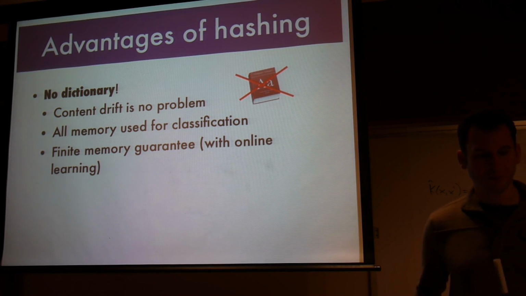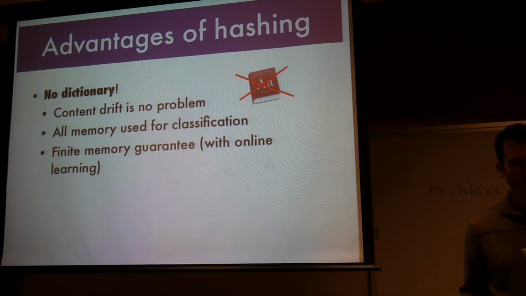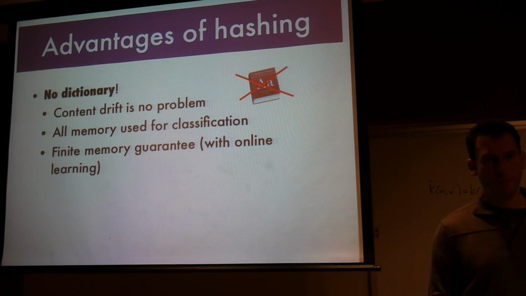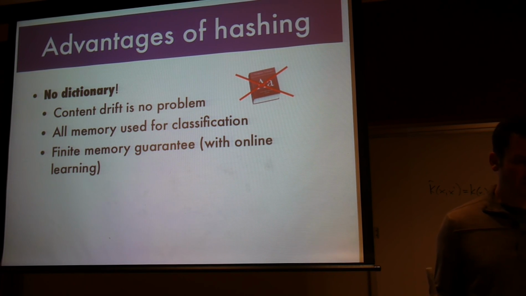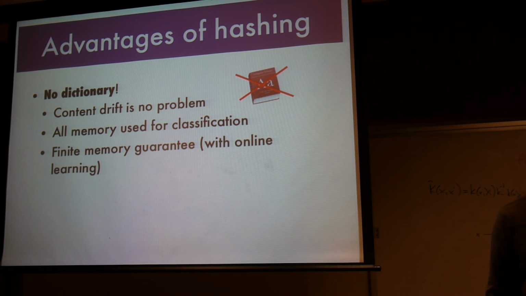Otherwise, you might have sometimes had to use a lot of memory for your intermediate data structure, like your dictionary. But now you can actually use everything for the estimation directly. And furthermore, if you have a finite amount of memory, maybe you only get 8 gigabytes and that's all that the engineers gave you, then you can make your algorithm fit into this footprint. And that's actually a big deal.